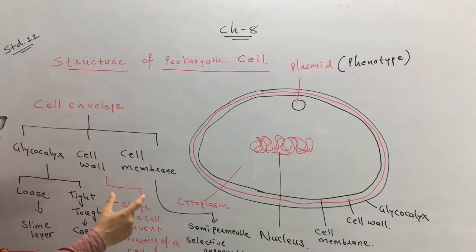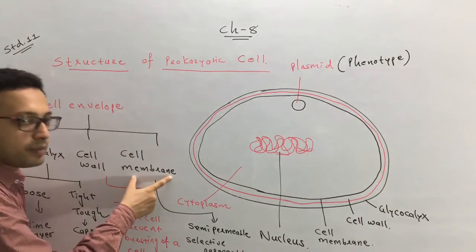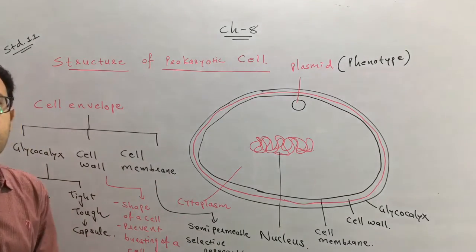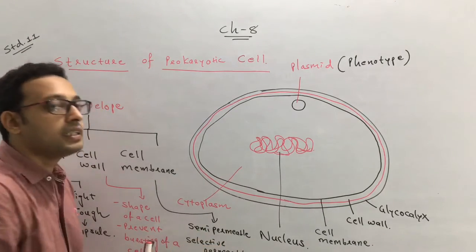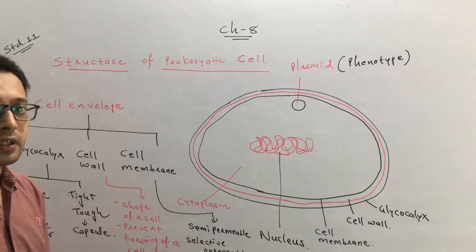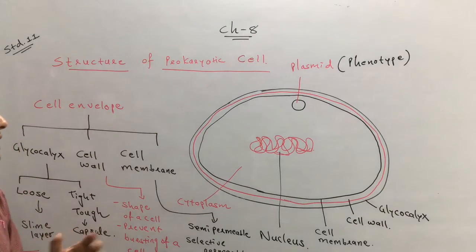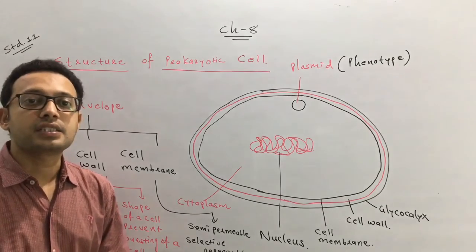It provides the shape of a cell and prevents bursting of the cell, and thus protects it. The third one is the cell membrane, which is similar to other kinds of cells. It is a selectively permeable and semi-permeable membrane. So this is about the characteristics of the three layers you can find in a bacterial cell.